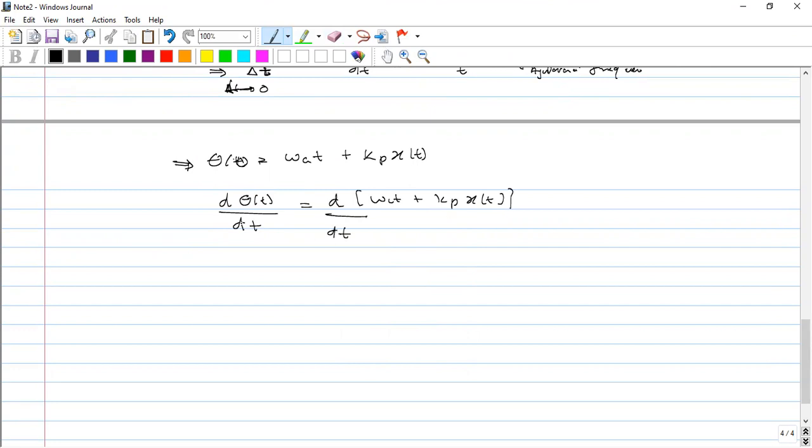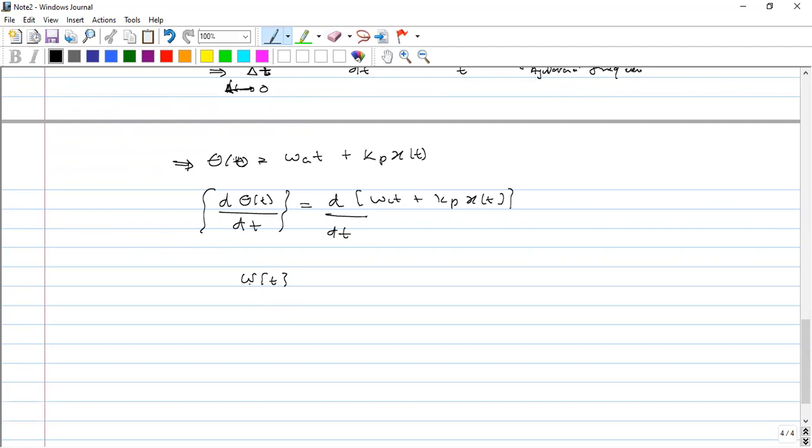So this is the rate of change at some instant. This rate of change is actually the angular frequency at some specific instant, okay?